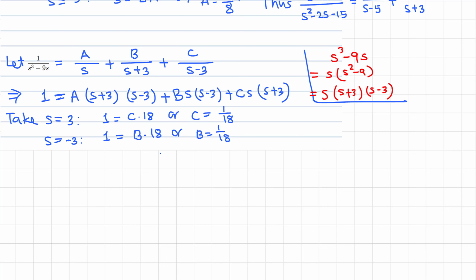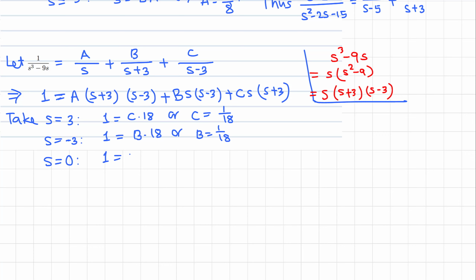So that means B equals 1 over 18. Now let's take s equals, pretty much we are taking the zeros of each factor. So s equals 0. I mean, we should have taken this first. Okay, easiest one. Then 1 equals, so look at it, 0 is a factor. So this is 0, this is 0.